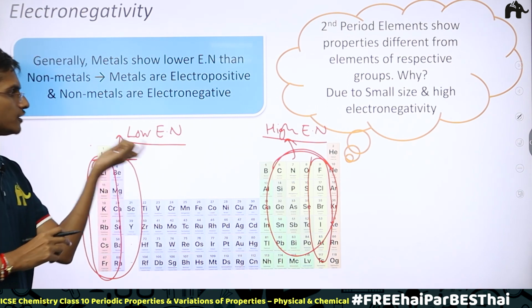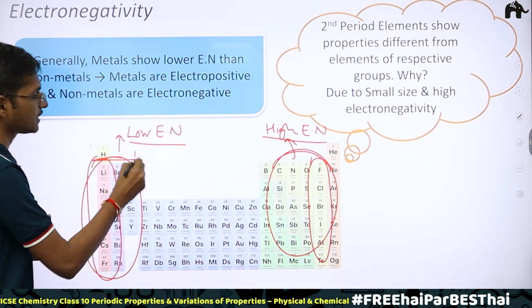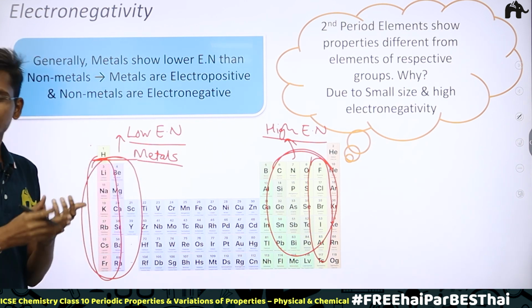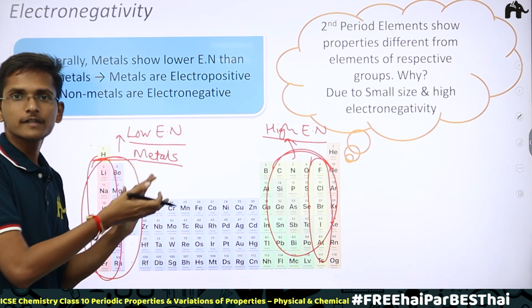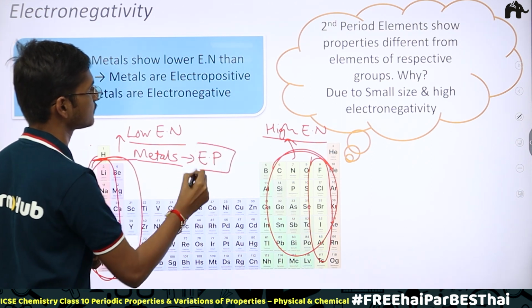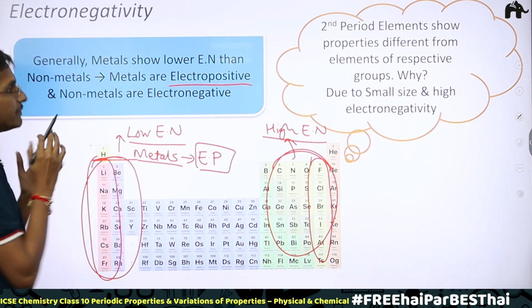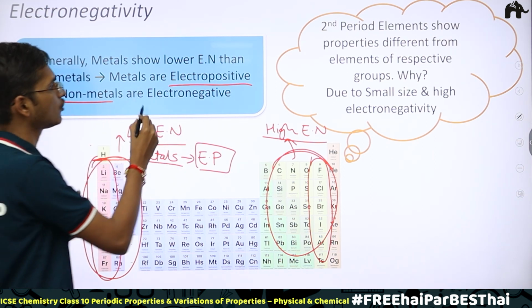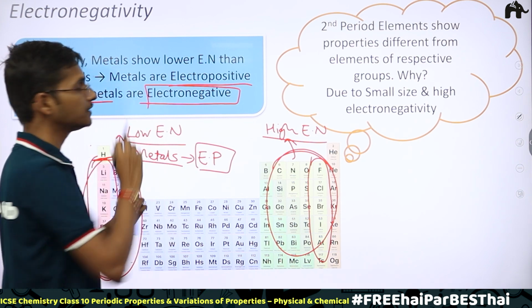Since metals have low electronegativity values, we can call them electropositive, the opposite of electronegative. So that's why we call metals electropositive elements, and since non-metals are highly electronegative, we call them electronegative elements.